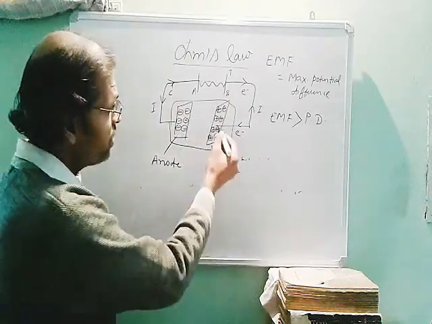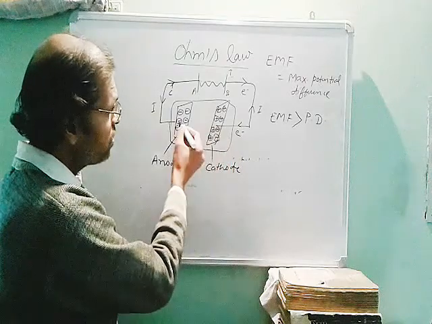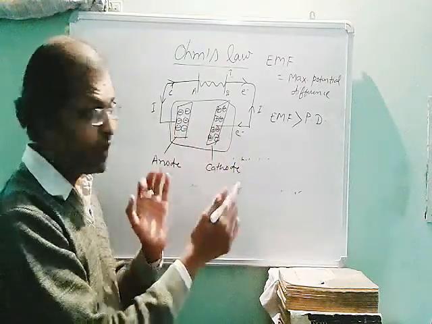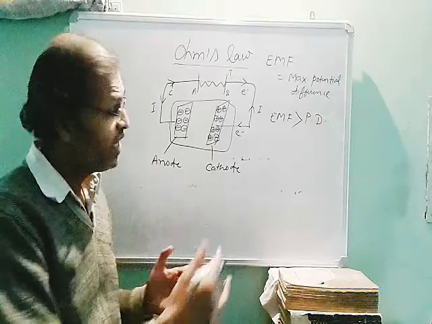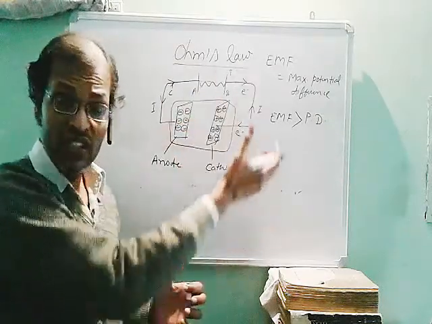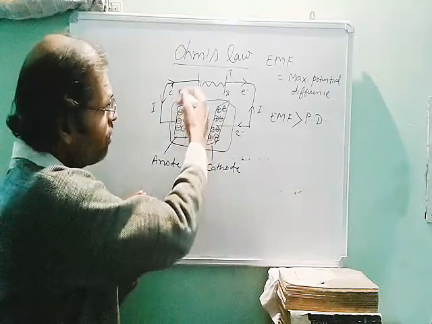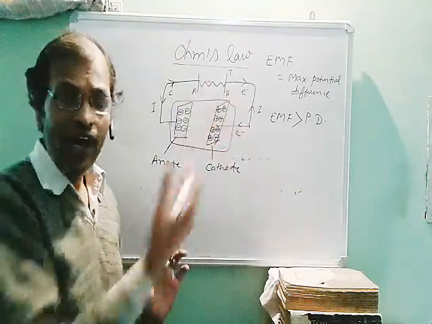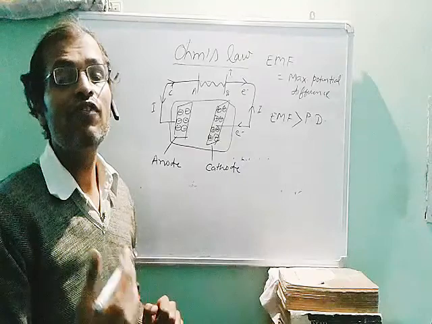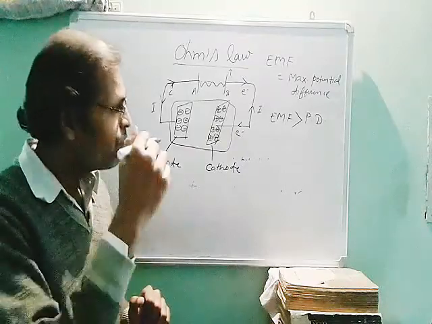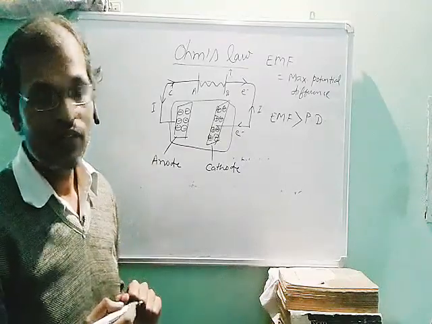And if the charge difference between these two plates is more, then electrons will be pulled with high force. And when electrons are pulled with high force, it means current will be more. Now we focus on the definition of current. What is current?